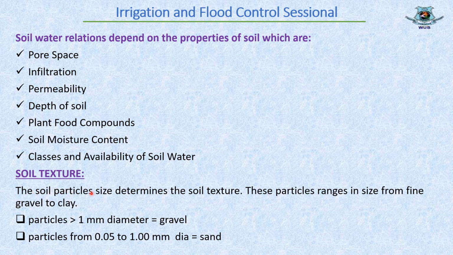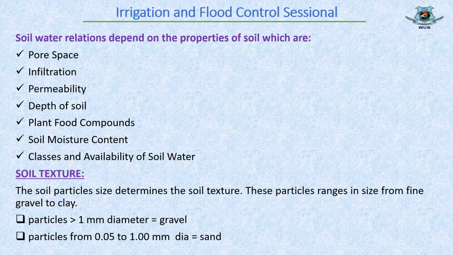The soil particle size determines the soil texture. That means we will get the idea of soil texture from the particle size of soil. And these particle sizes range from fine gravel to clay. If the particle size is greater than 1 mm in diameter, we will name the soil as gravel. And if the particle size ranges from 0.05 to 1 mm in diameter, then we will name the type of soil as sand.